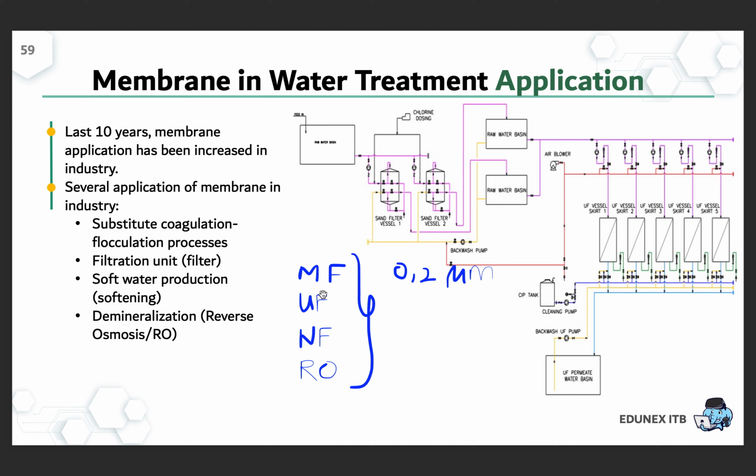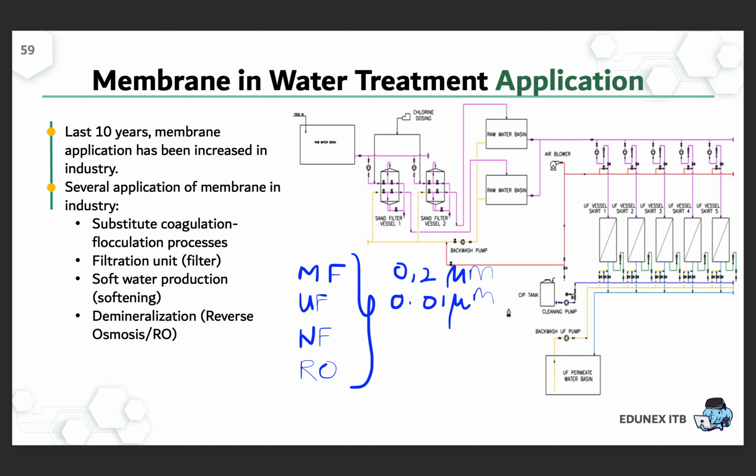For ultrafiltration, the pore size is around 0.01 micrometer up to 0.1 micrometer.